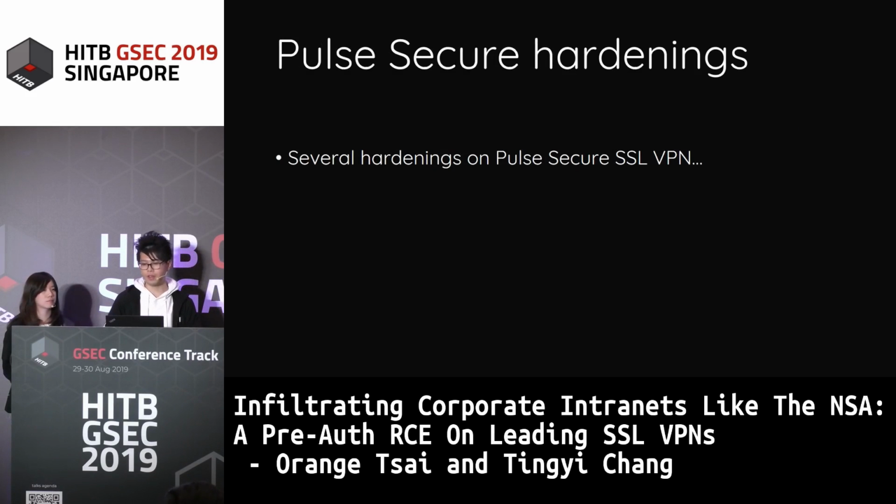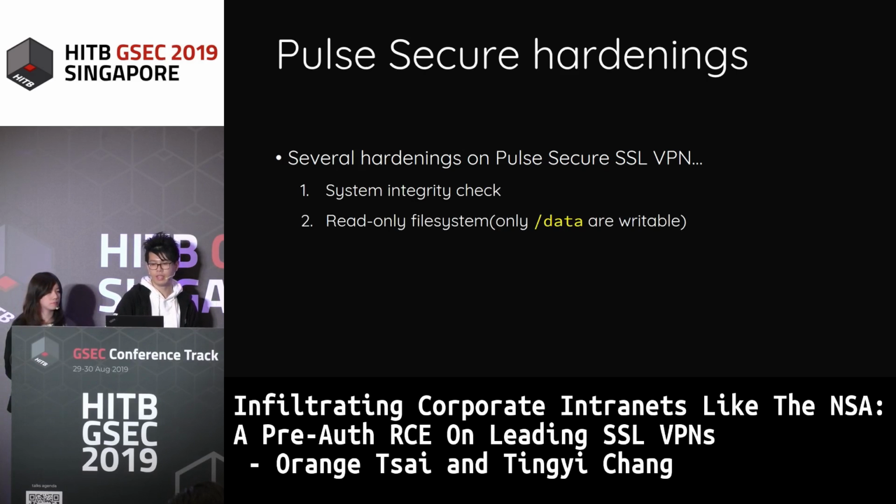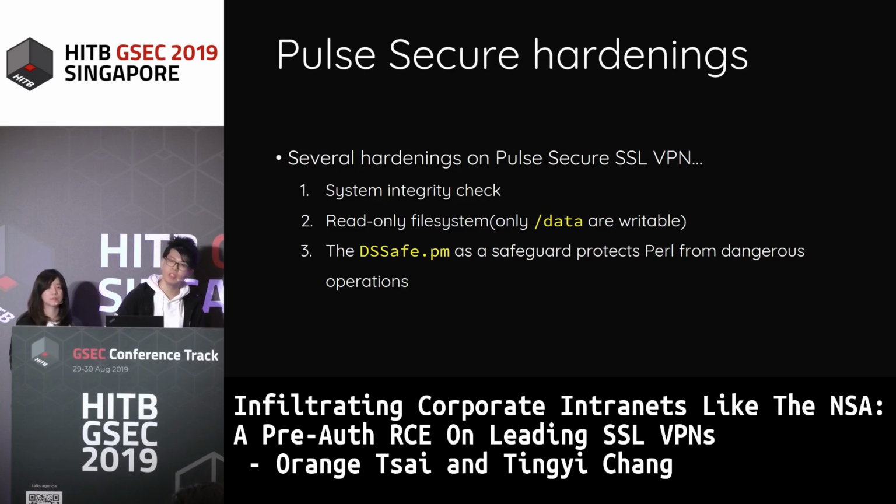In order to avoid potential vulnerabilities, PearlSecure applied a lot of hardening to their products, such as the System Integrity Check and the read-only file system to protect against backdoors in cron tab or web root. The most effective hardening is the DSSF module. It's like a safeguard to protect Perl from dangerous operations.